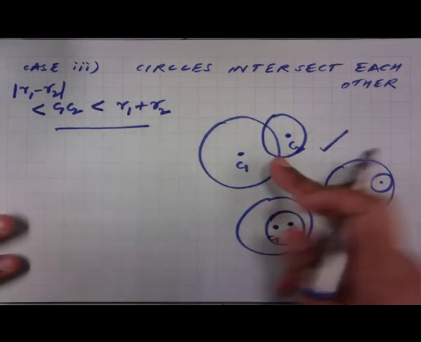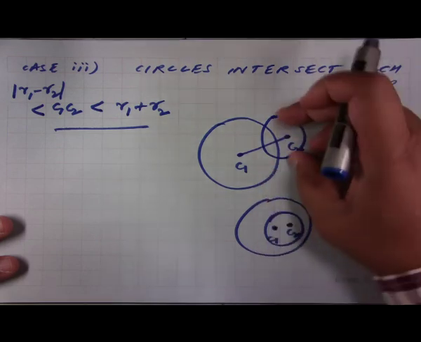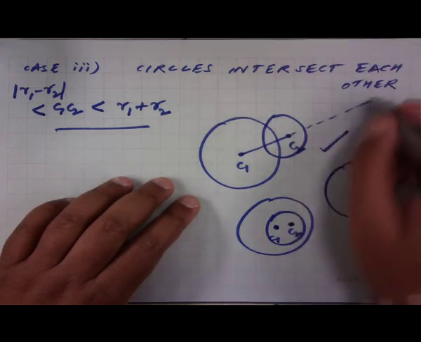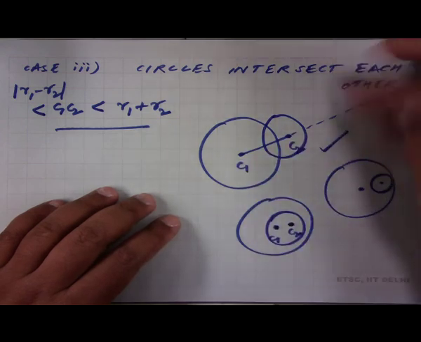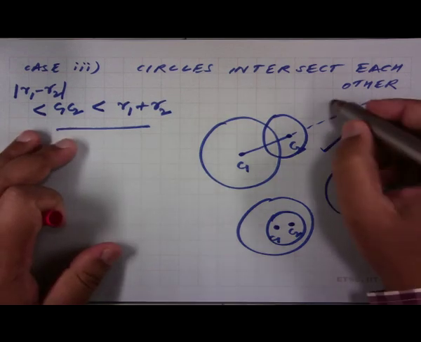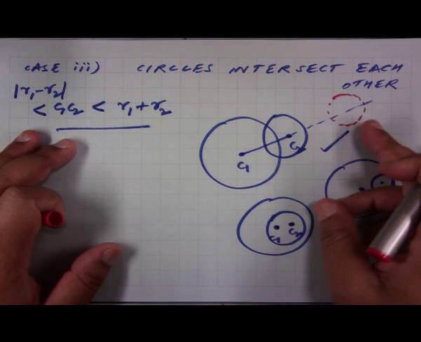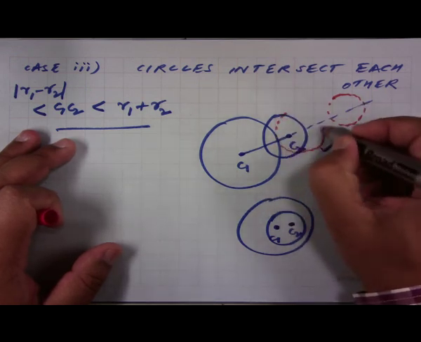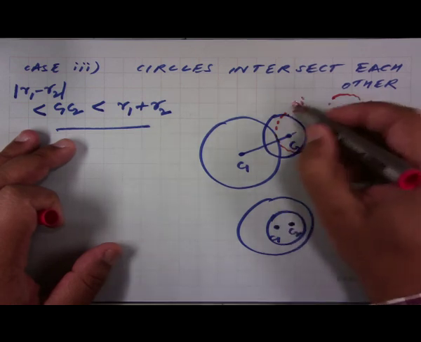Because what will happen is that we get to this third case by basically moving this smaller circle along this line. Earlier the smaller circle was somewhere here. So, this was case 1 where they were neither intersecting nor touching. Then the smaller circle came somewhere over here. So, this was case 2, this was case 1.